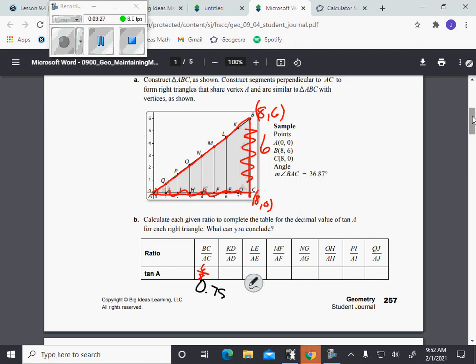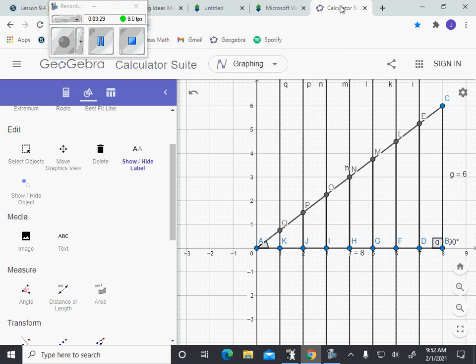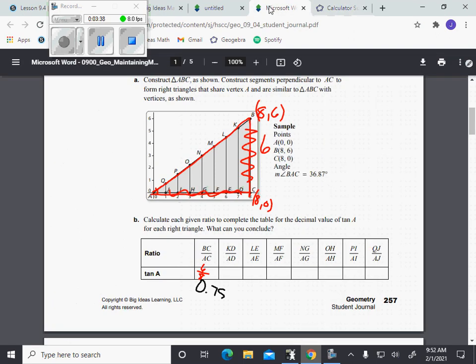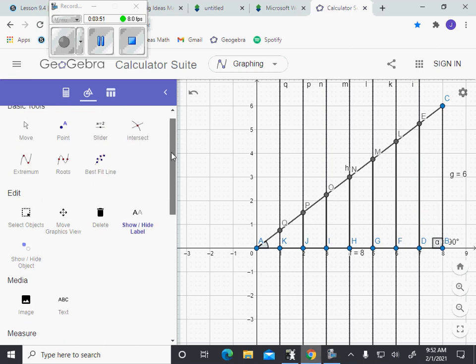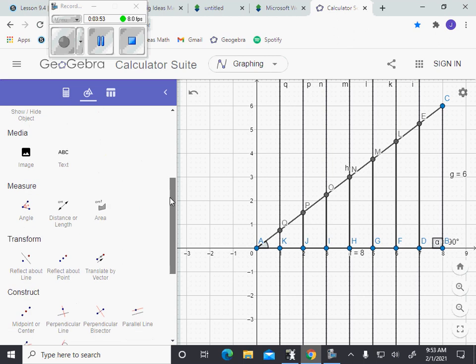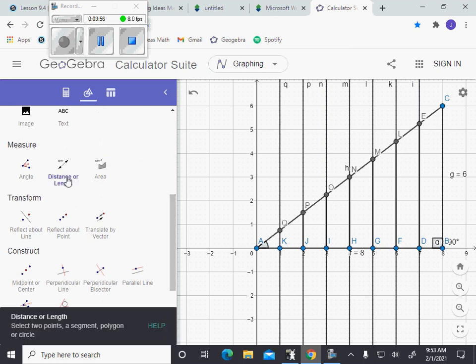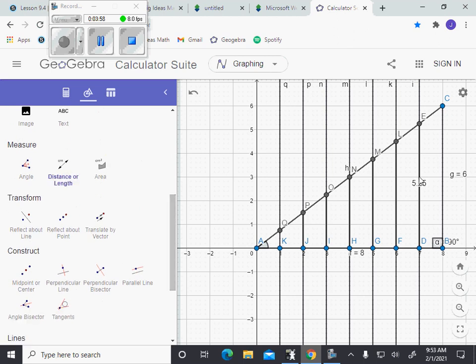0.75. I went ahead and made it on this GeoGebra. It looks a little sloppy here, I apologize. We want to find this next one, KD over AD. Well, that's this leg here. My labels are a little off from the one in your book. Let's find that length. I go here and go to distance, and I want to know where this point E is at.